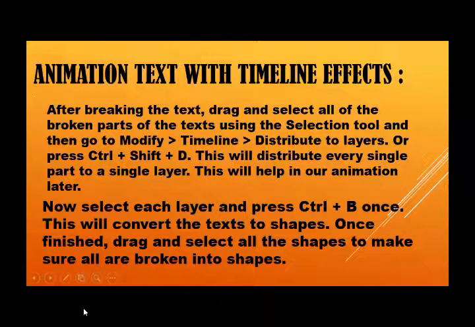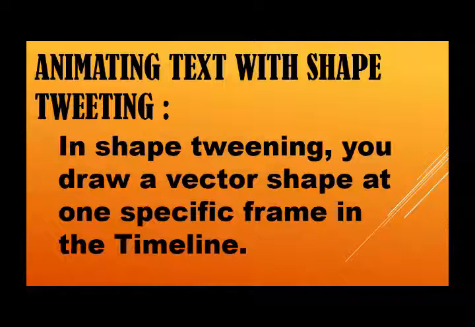Now, we have another very good feature of Flash, which is animating text with shape tweening. How can we reshape that object? Another simple method to animate text is to use shape tweening.